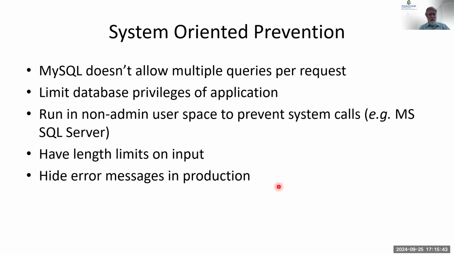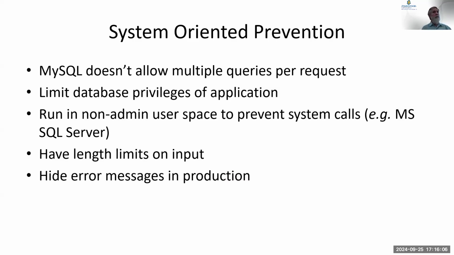And hide error messages. If you're using the Apache web server, you can set parameters. One of the parameters, as soon as you get an error, prints a whole page in your web browser about the error, where it occurred, what type of error it was, what line.